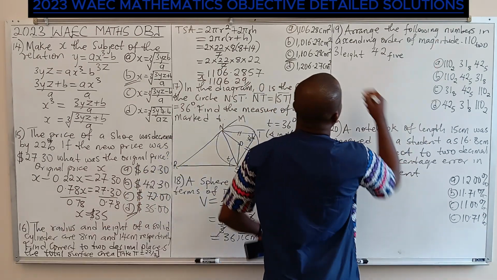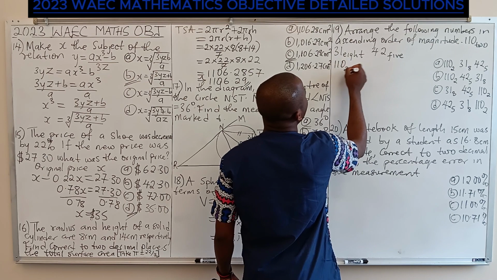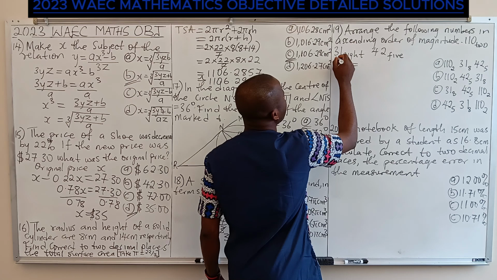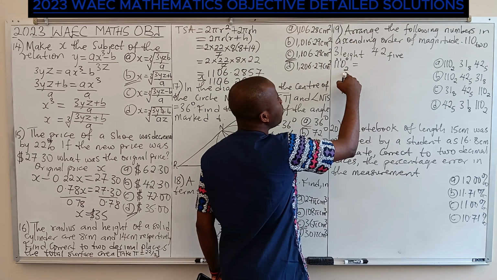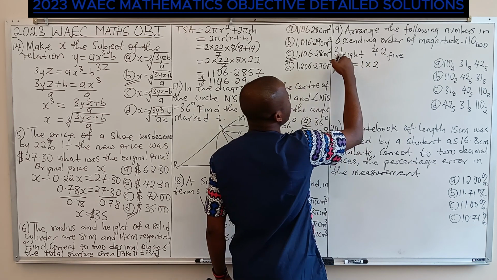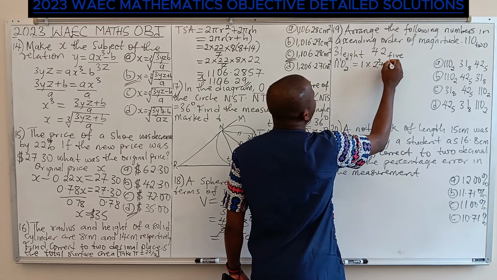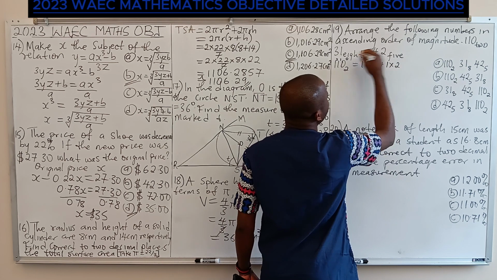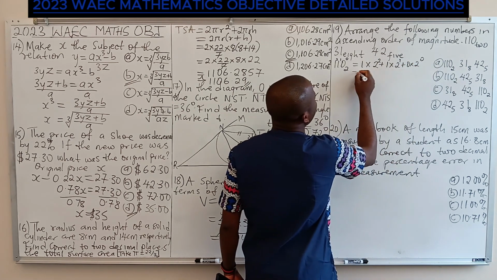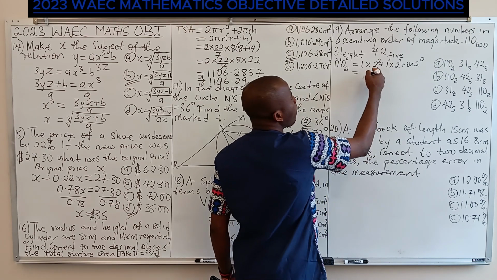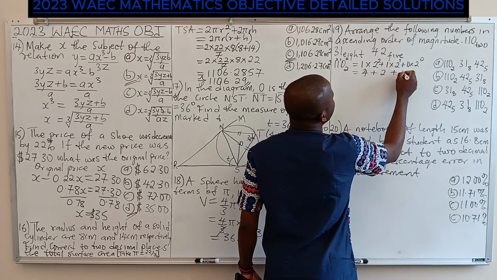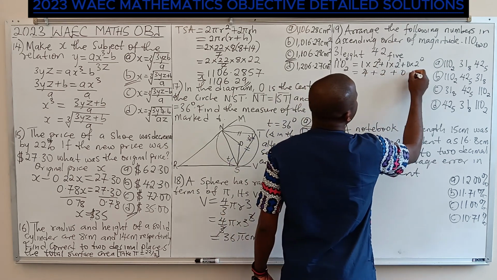So let's do that. 110 base 2 to base 10, as usual, this is 0, 1, 2. We times this by its base to the power. So we have 1 times 2 to the power 2 plus 1 times 2 to the power 1 plus 0 times 2 to the power 0. This is 4 times 1. This is 2 times 1. This is 0. And 4 plus 2 is 6.